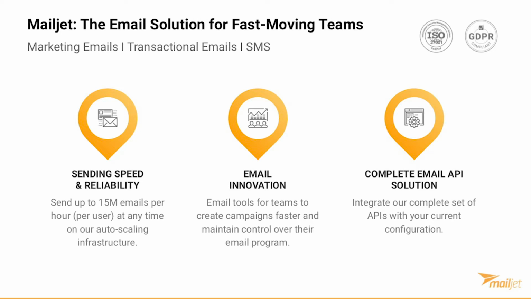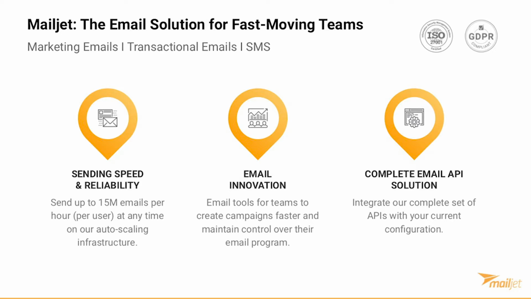So who we are: an email service provider. We send all over the world more than 2 billion emails per month. We send marketing and transactional emails. And there is a huge probability that you have an email we sent to you recently, or at least during the last month.